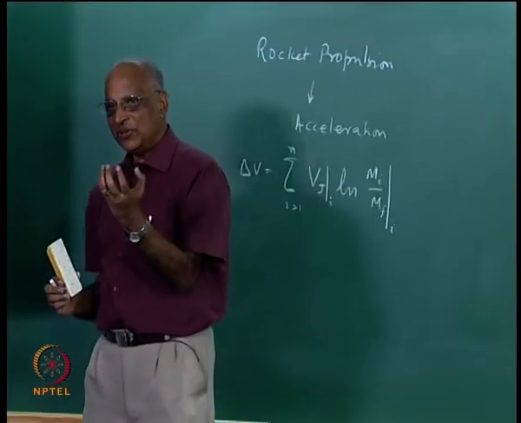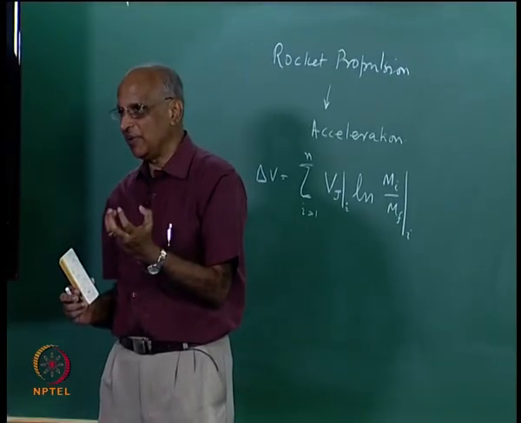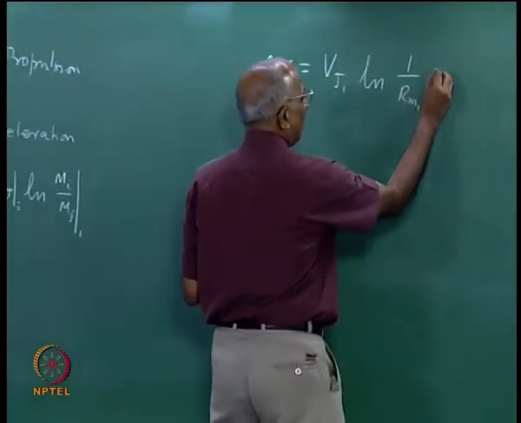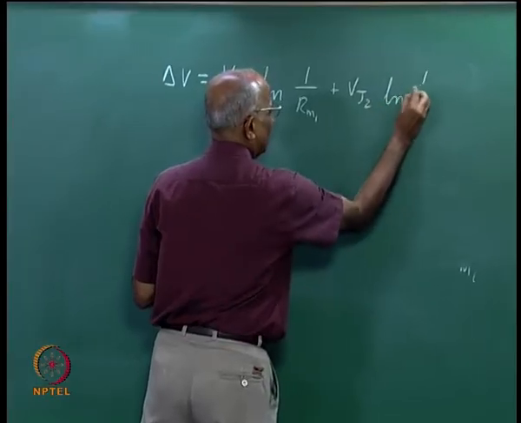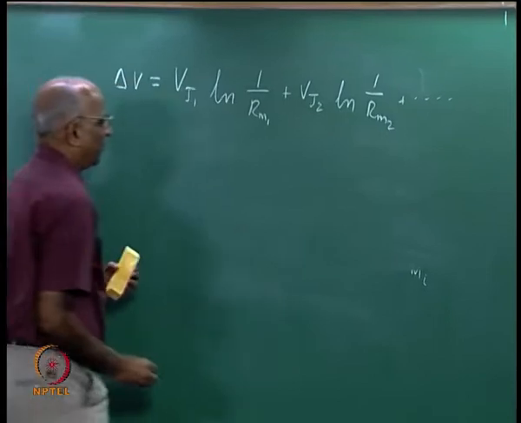We said the mass ratio of a rocket Rm is equal to the final mass divided by the initial mass. Therefore it is Rm1, plus Vj2 ln of 1 over the mass ratio of the second stage, plus and so on.